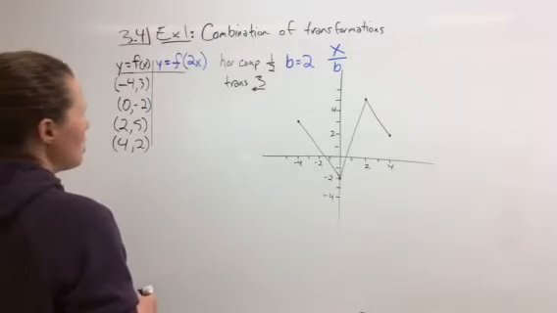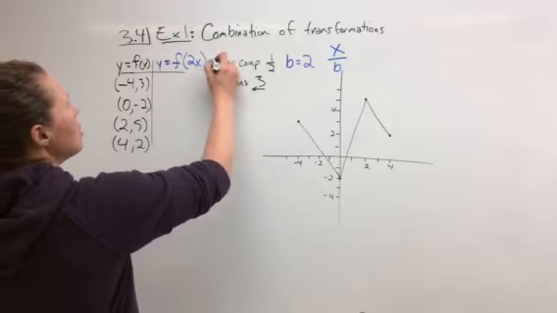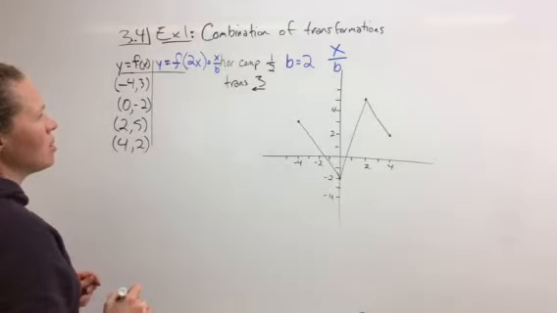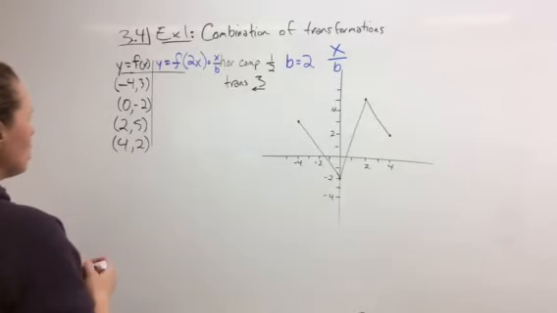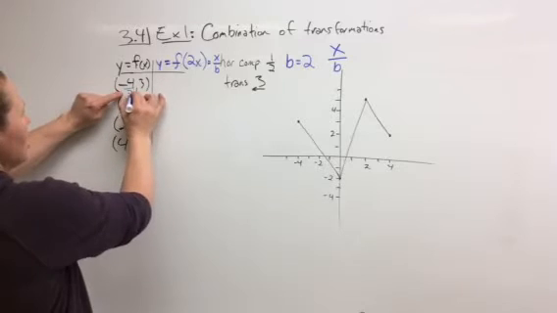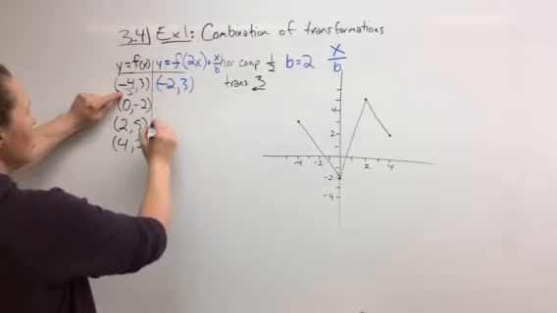So what I'm going to do with that is make a note here that I'm changing to x over b. So when I rewrite my points, I'm going to put -4 over 2. So I have -2 and 3 as my new points.